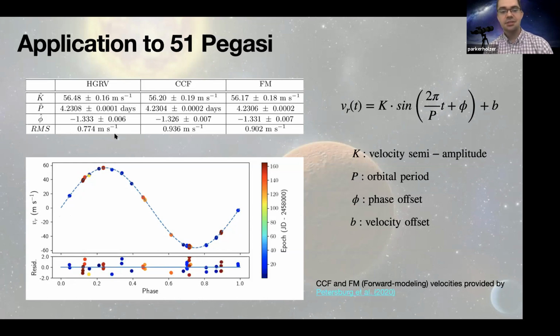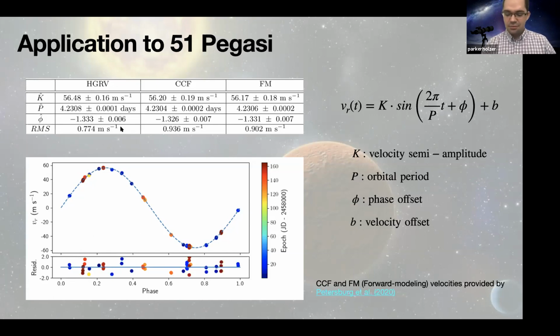If we compare this to the radial velocities estimated with other methods, such as the cross-correlation function or this more modern forward modeling approach, we find that the scatter is larger for these other approaches. This suggests that not only is the HGRV method likely to be very easily extended for stellar activity, but just from a modeling perspective itself, it seems to have lower risk, at least from this applied data set.